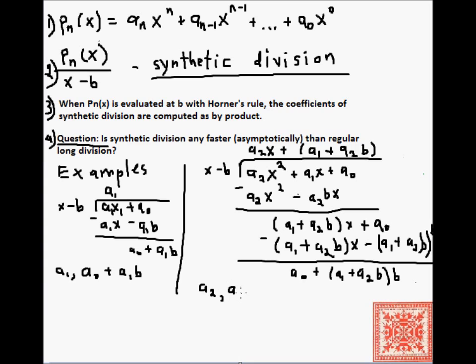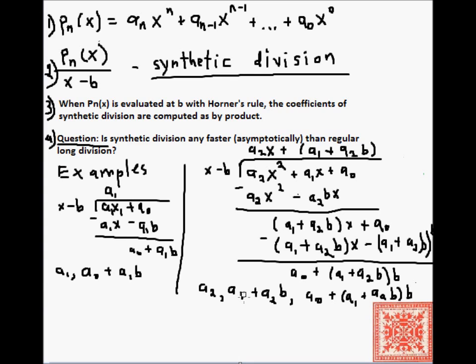So the sequence of coefficients for the result of this long division is a2, then a1 plus a2b, then a0 plus (a1 plus a2b) times b. This is the final factor at which we stop. So the answer is a2x plus (a1 plus a2b) plus (a0 plus (a1 plus a2b) times b) over x minus b, the result of dividing the second degree polynomial by the linear monomial x minus b.